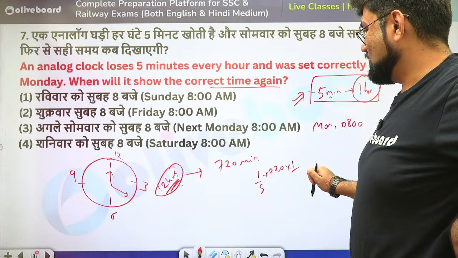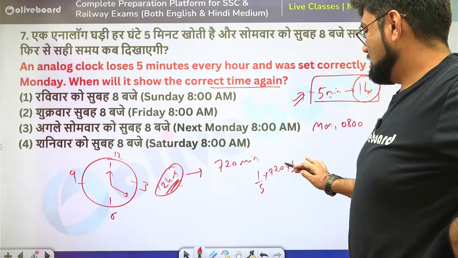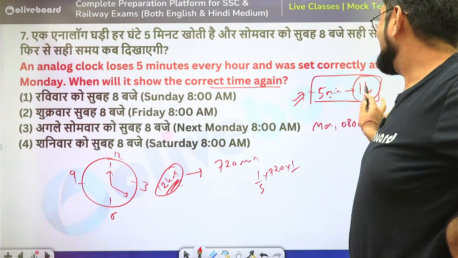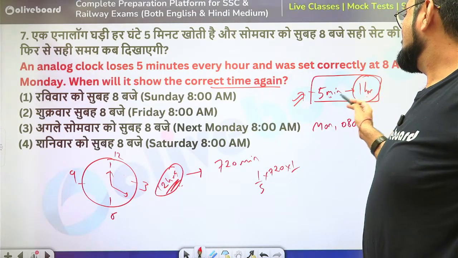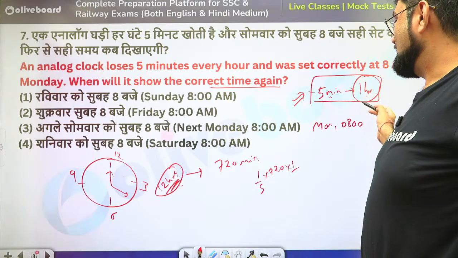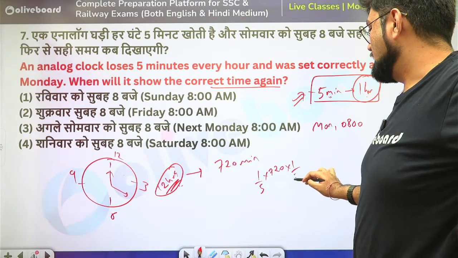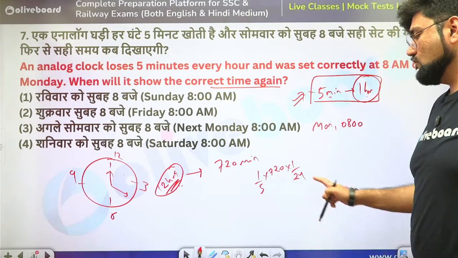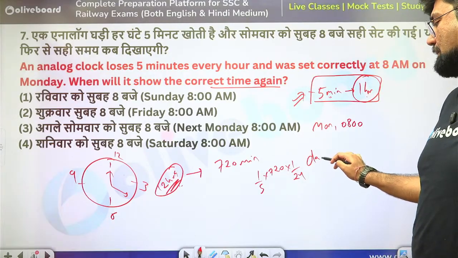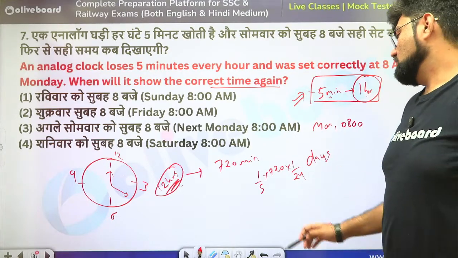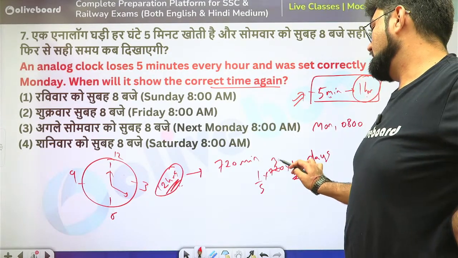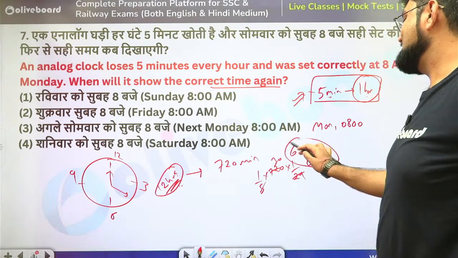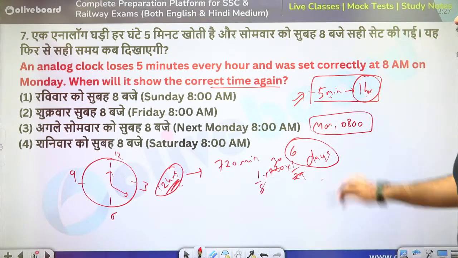Should I convert them into hours only? 5 minutes in 1 hour. So 1 minute loss in 1 by 5 hours. And these are hours only. So I'll have to divide this by 24. Why? To get the number of days. Got it? So this is 24, 30 and this is 6. So precisely in 6 exact days, the clock will lose 12 hours.